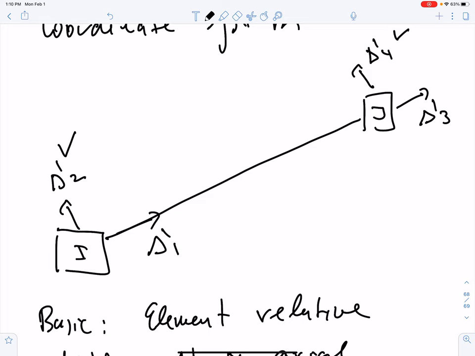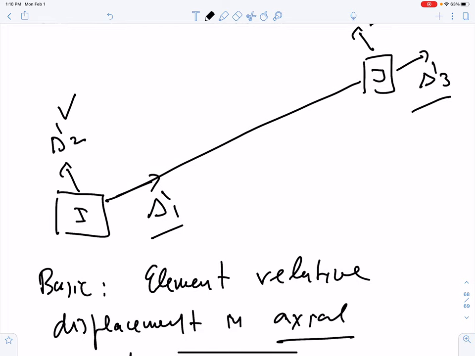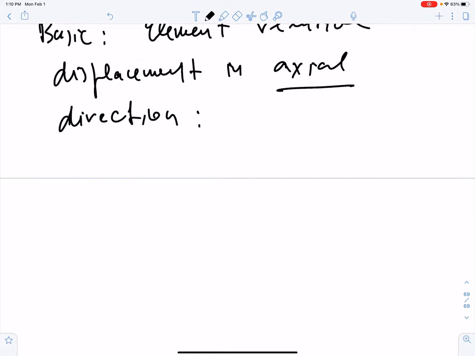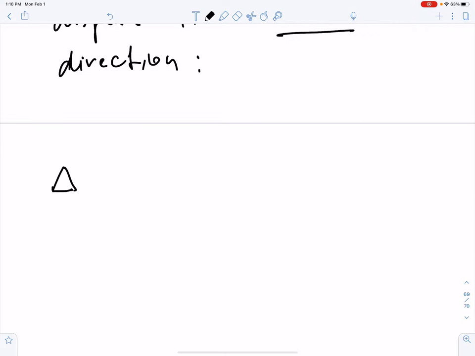The only quantities that will contribute to the relative elongation or shortening of the element would be delta 1 and delta 3, okay? And if you recall our previous lecture, the element basic displacement, delta prime over bar, was delta prime axial at node J, which is delta prime 3, minus delta prime axial at node I, which is delta prime 1.